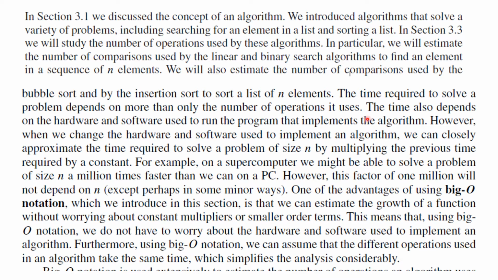n elements. Now, sometimes we're interested in the time required to solve the problem, and that certainly depends on more than the number of operations it uses, but it does depend on the number of operations. It also depends on the hardware and software that you're running the problem. However, when you change the hardware and software, because technology always changes, you can closely approximate the time because the number of operations remain the same.